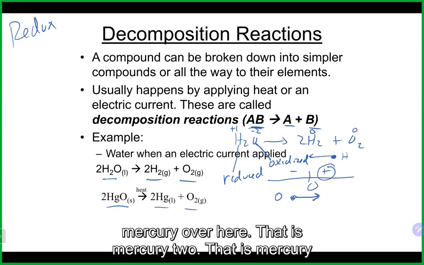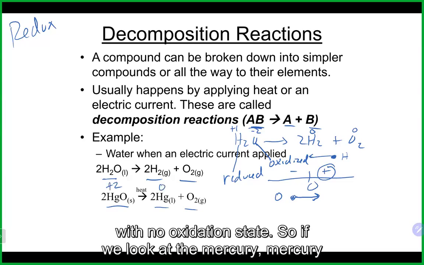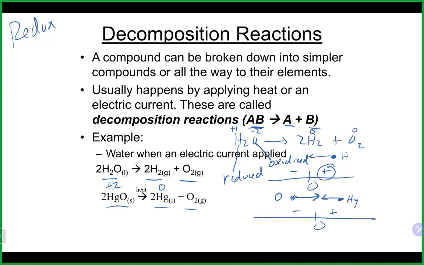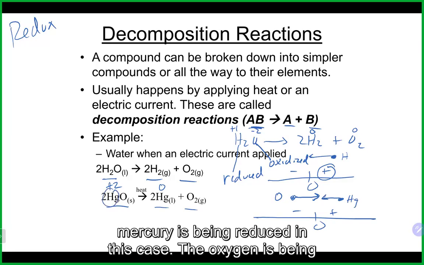Same thing with the mercury. That is mercury(II) oxide, and mercury by itself has no oxidation state. Mercury starts at +2 and ends at 0. Mercury is being reduced and the oxygen is being oxidized.